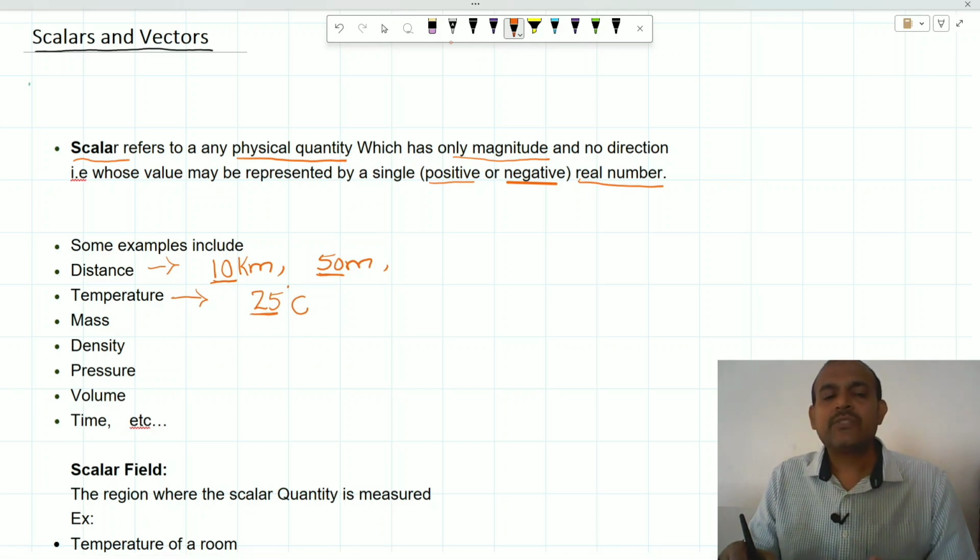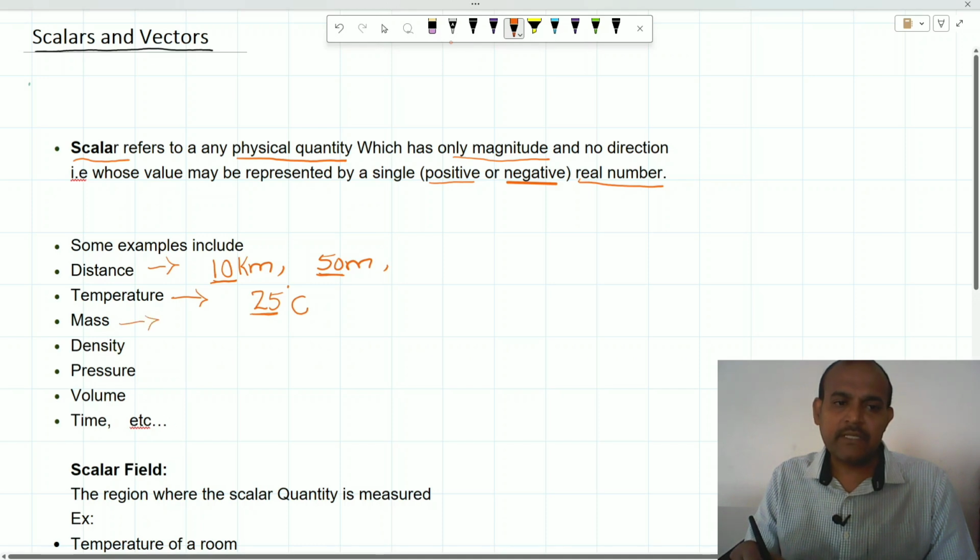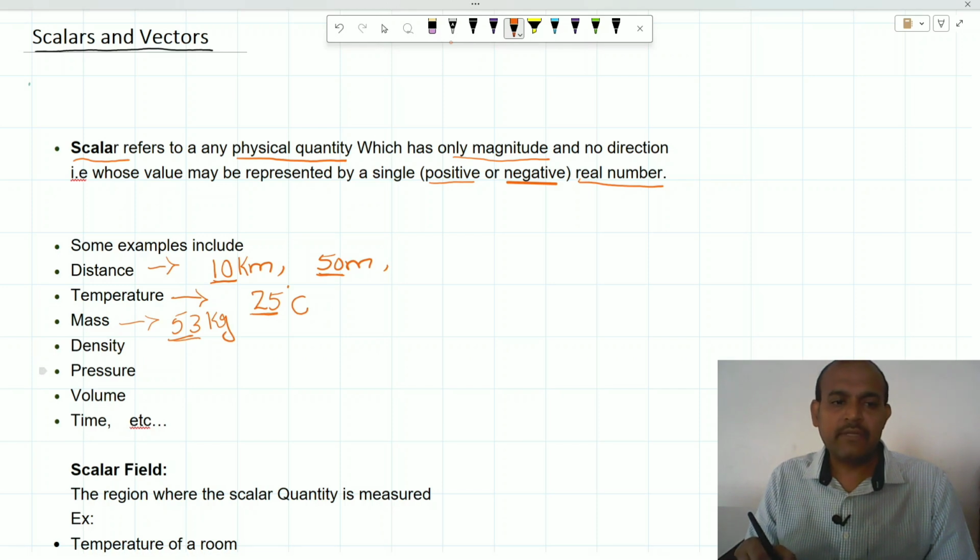Any quantity which is represented only with its magnitude, only the value, only the number, such type of quantities we call a scalar. Similarly, when you talk about mass, it may be 53 kgs. We are all talking about the value only here. Similarly for other parameters also, all these are examples of scalar quantities.